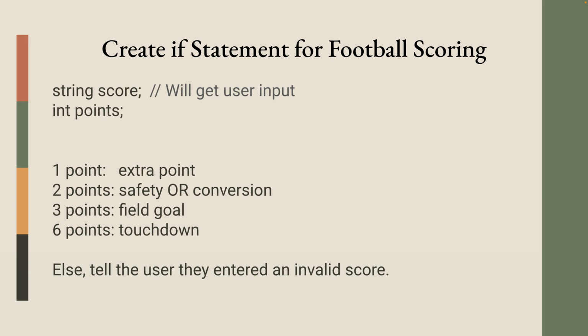So if the user were to type in something like extra point, we would want points to be equal to 1. Or it could be equal to 2 or 3 or 6 based on what the user types in for the score. So we'll do groups of 2. You don't have to worry about doing the cin and cout. We'll assume that code is already there. Your job will just be to write down the big if else statement.